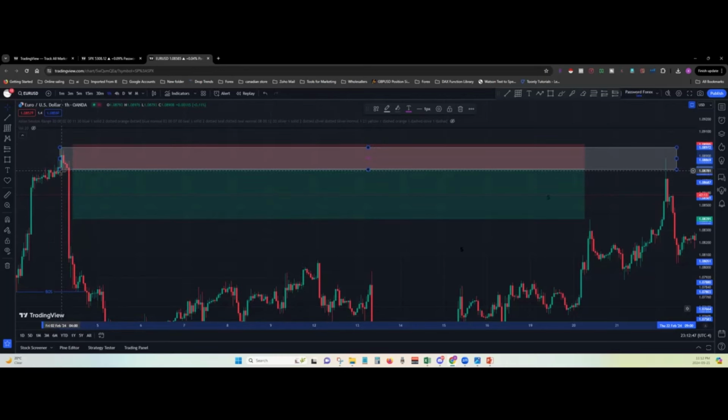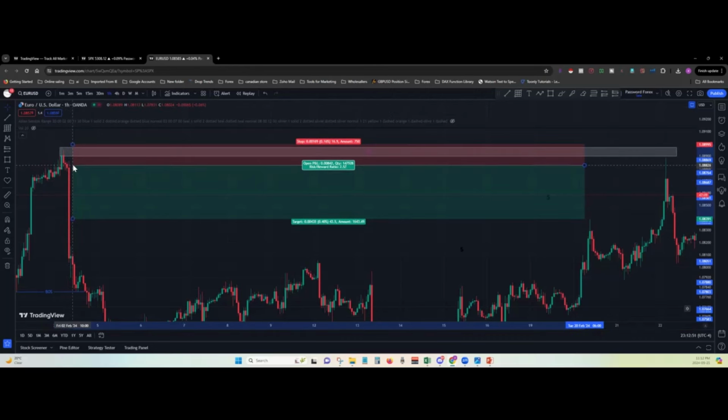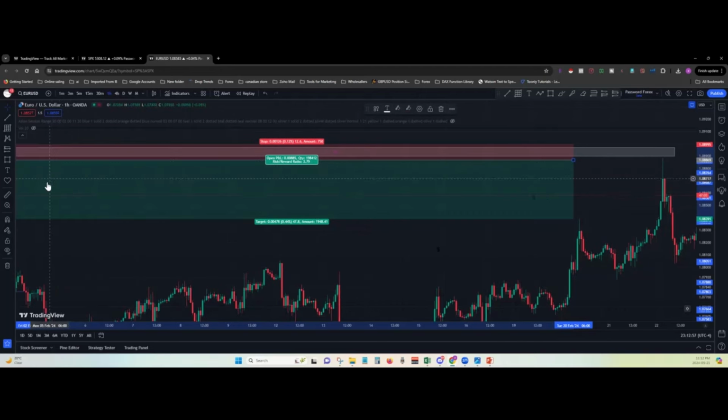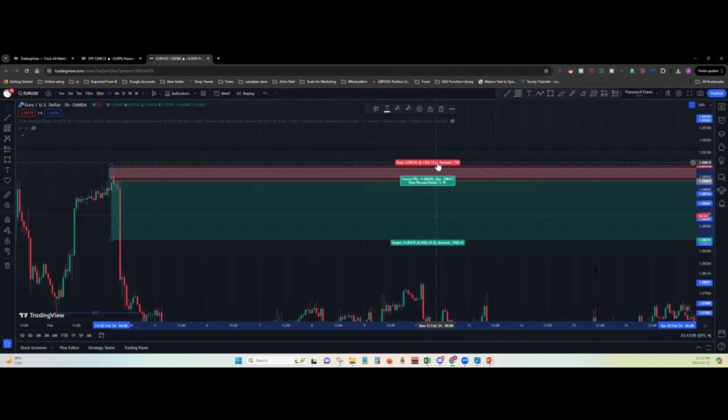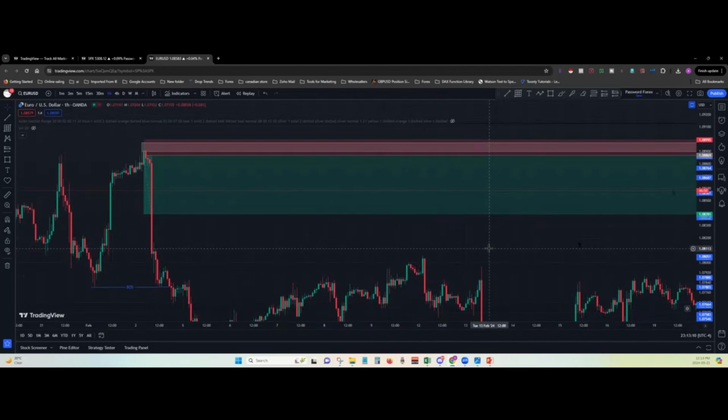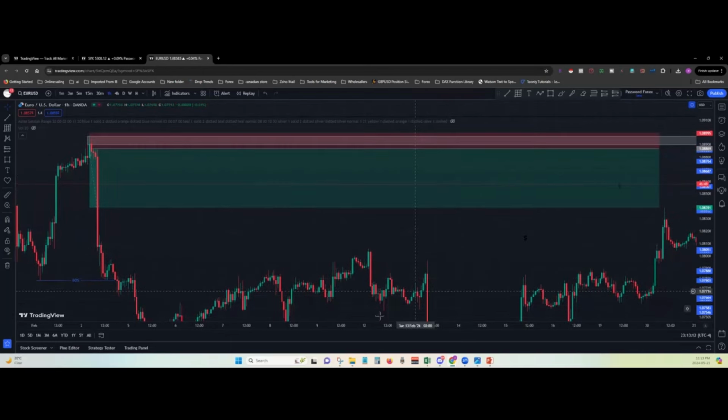I can also reduce my stop loss by moving my entry a little bit further, to 50% of this, the midpoint of this order block right here. See, I can reduce my stop loss to 12.6, so a 7.4 pip reduction in my stop loss.